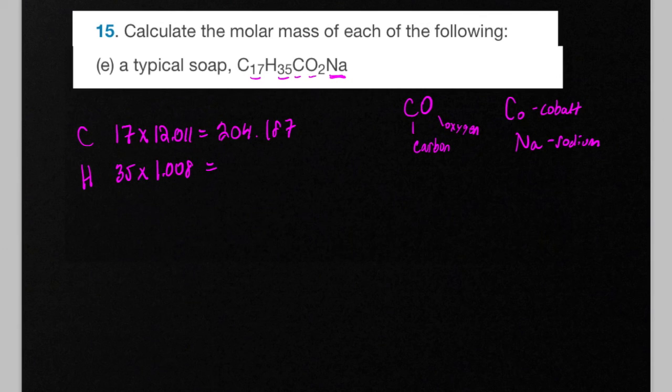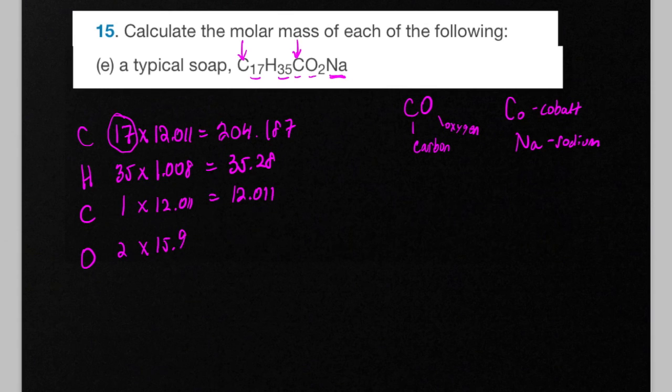Each hydrogen has a mass of 1.008, giving us 35.28. Carbon, oh, I did forget to just add that in there, didn't I? Normally I would make that 18. It's okay. We'll just go ahead and add this in here. It would have been better if I just made that 18, but that's fine.